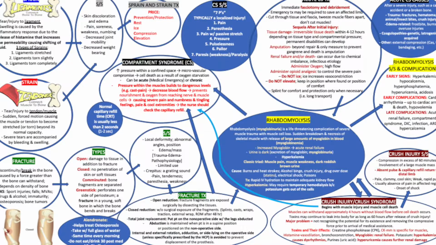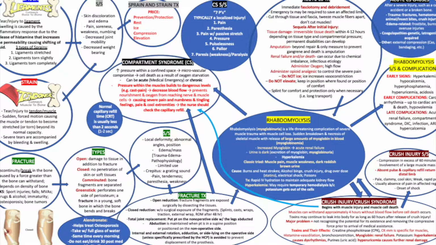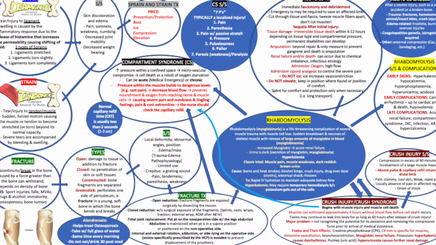Branching off of fractures, we'll go up towards compartment syndrome. And the best way to put this would be to think of a cast. When pressure within the muscles builds to dangerous levels inside of the cast, it will decrease blood flow.